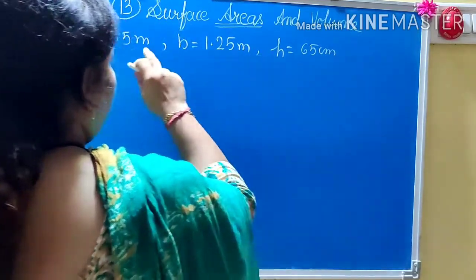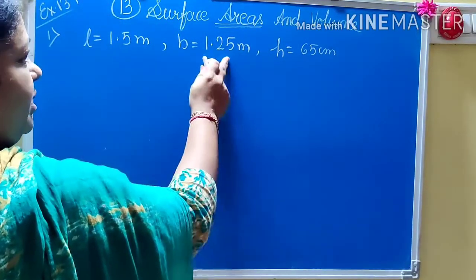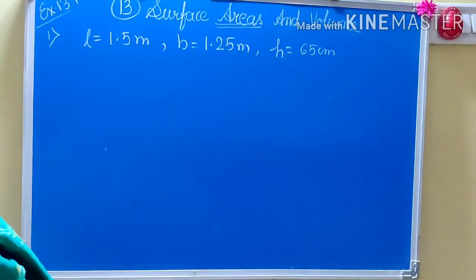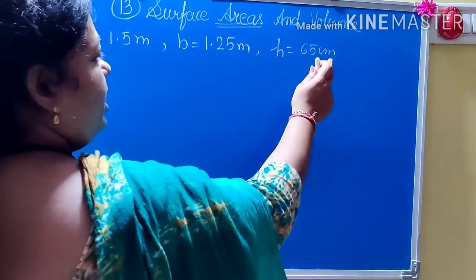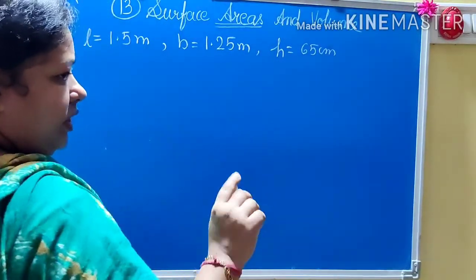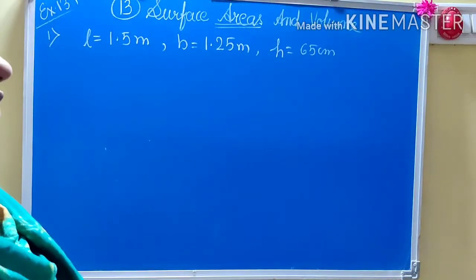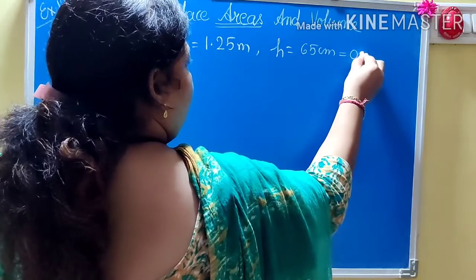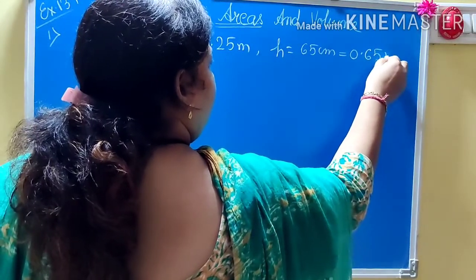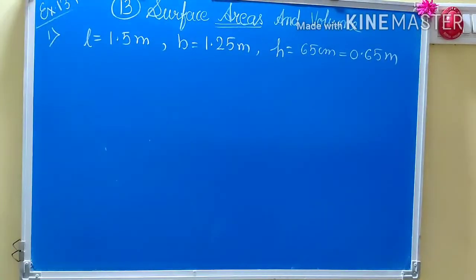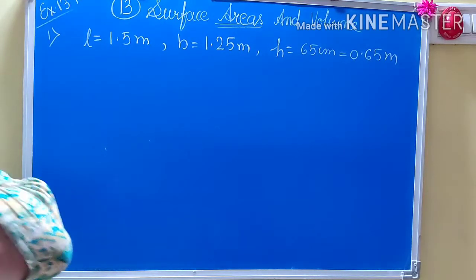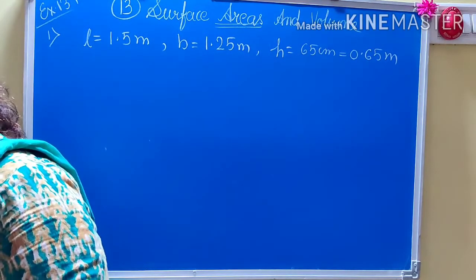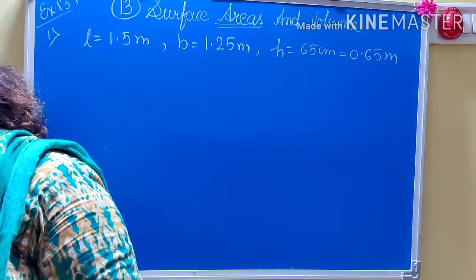Now length and breadth are given in meter, whereas height is given in centimeter. So first of all we will convert this height into meter. We know that 100 centimeter is equal to 1 meter, so dividing by 100 we get 0.65 meter as height.